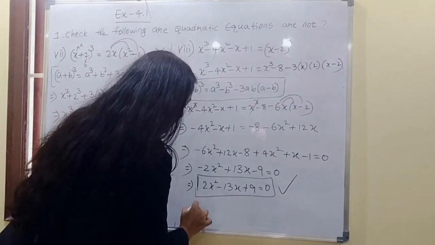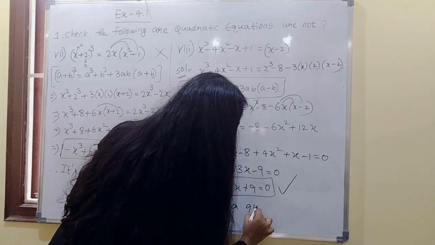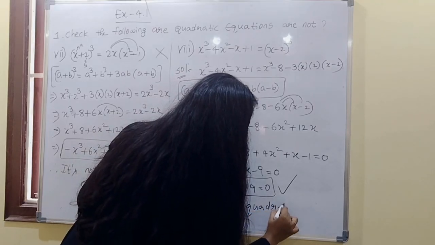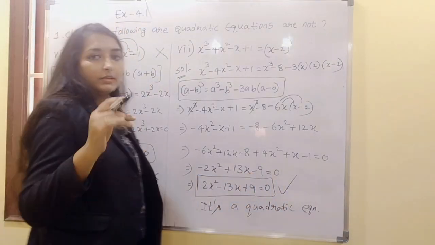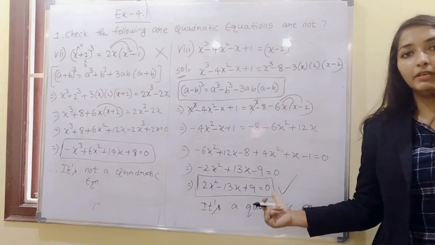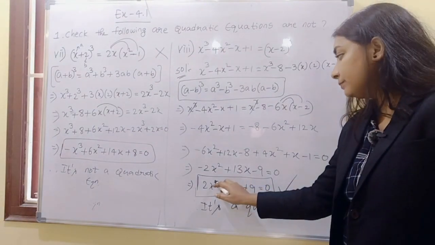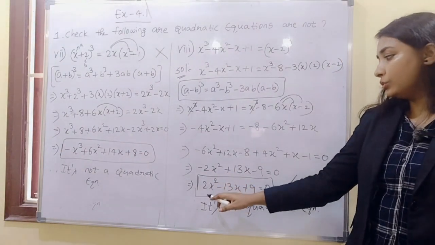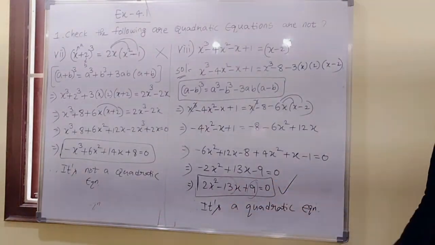Therefore, it's a quadratic equation, because it is in the form of ax square plus bx plus c is equal to 0. Here a is 2, b is minus 13 and c is plus 9.